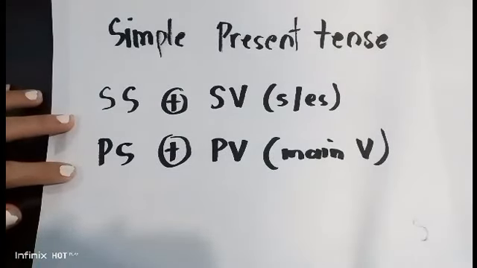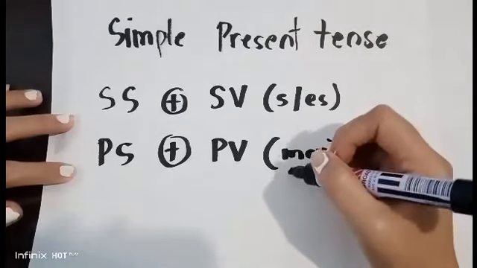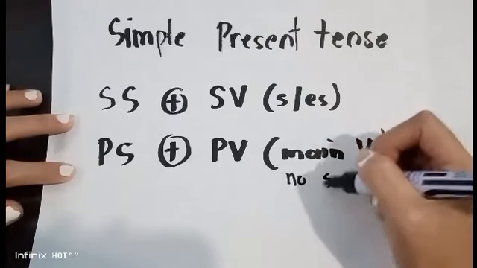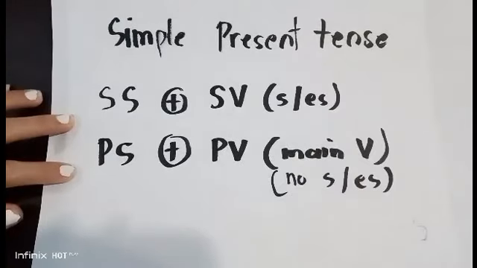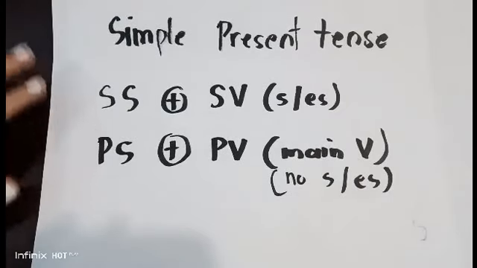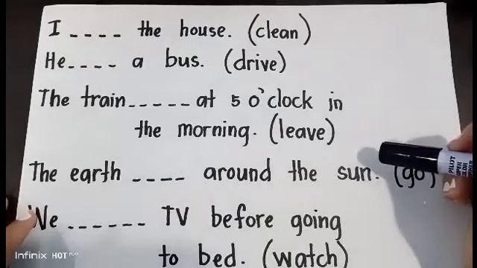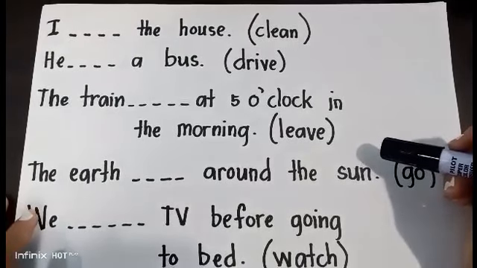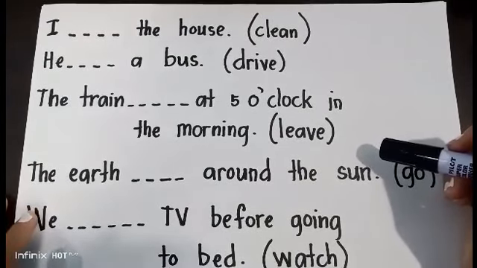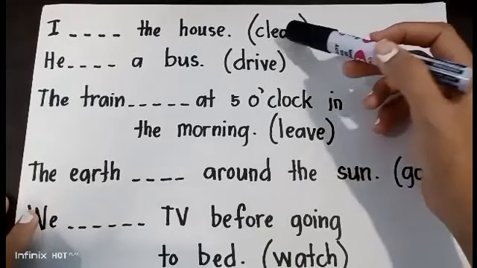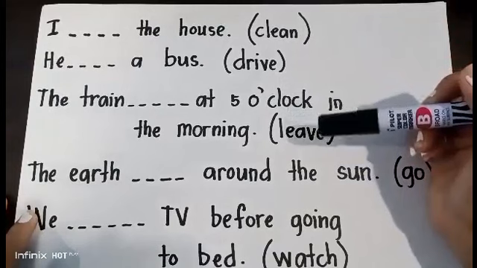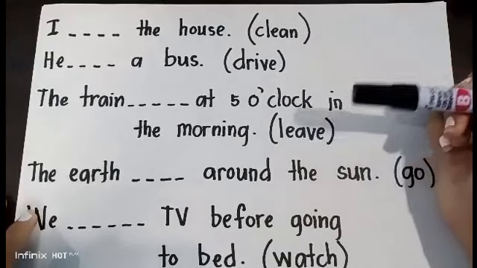Or the base form verb, in which there is no S or ES added on it. Okay? Now, let's have a practice about the correct use of the simple present tense. Use the words that are in the parentheses correctly.